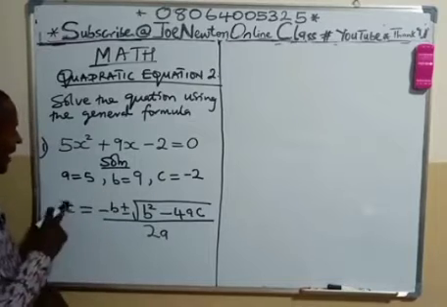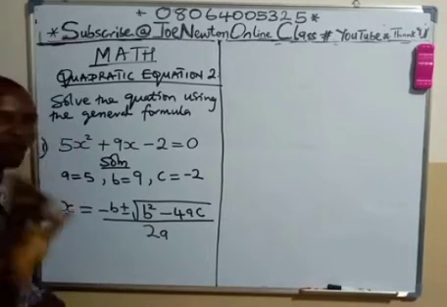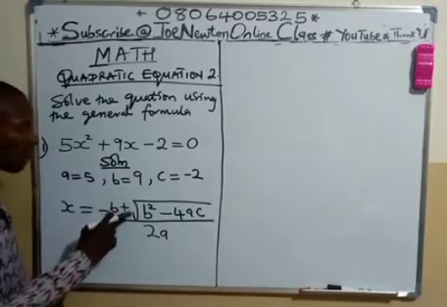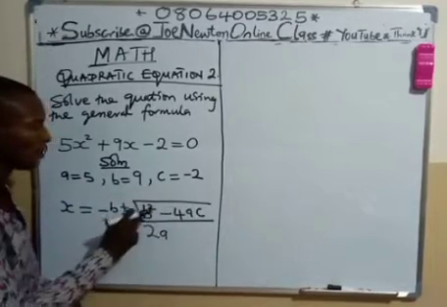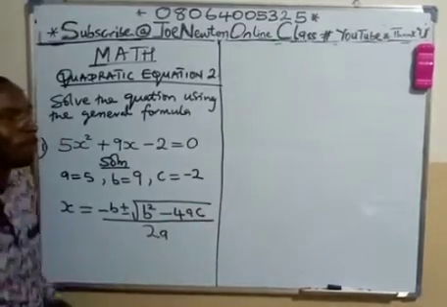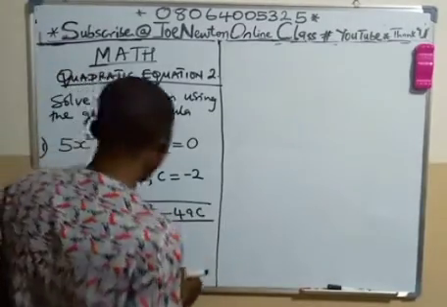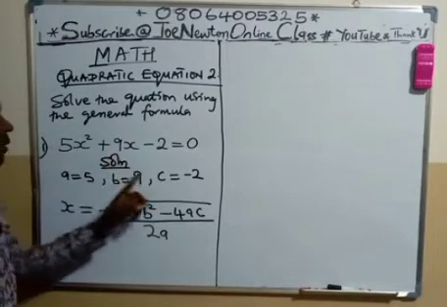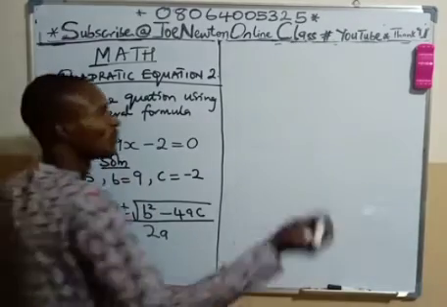Then, when we proceed, you can now see that our a is this coefficient, our b is here, and our c is this. Now we substitute.